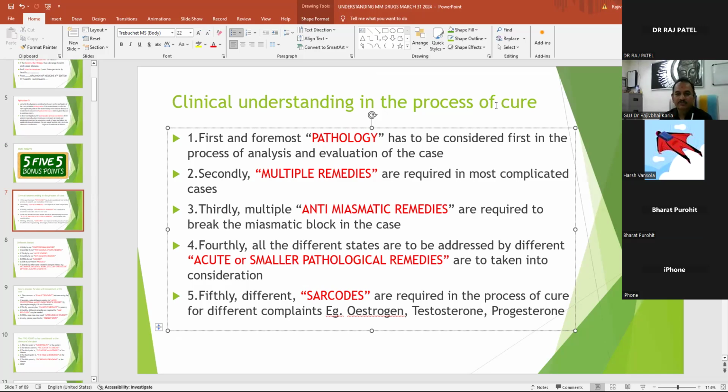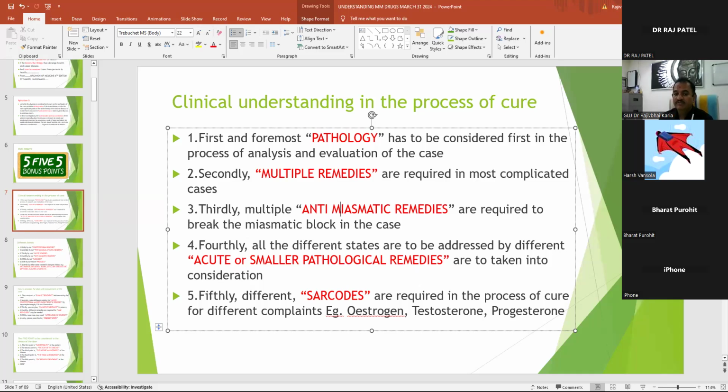Clinical understanding in the process of cure. First and foremost, pathology has to be considered first in the process of analysis and evaluation of the case. Second, multiple remedies are required in most complicated cases. Third, anti-miasmatic remedies are required to break the miasmatic block in the case. My God.